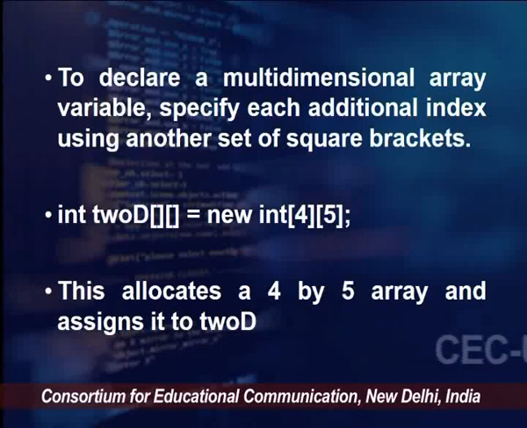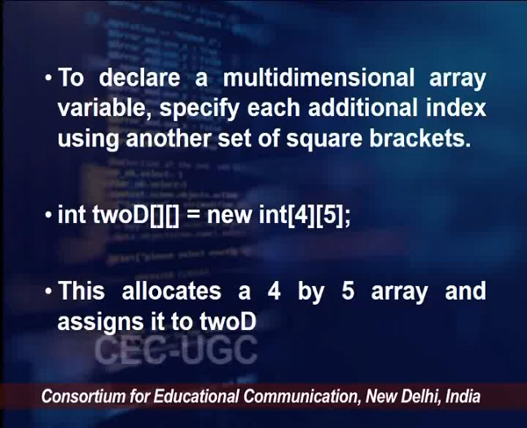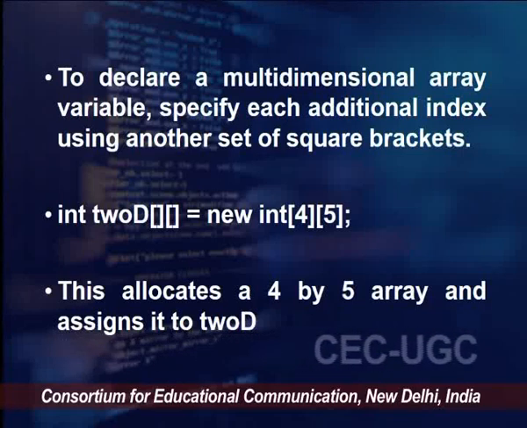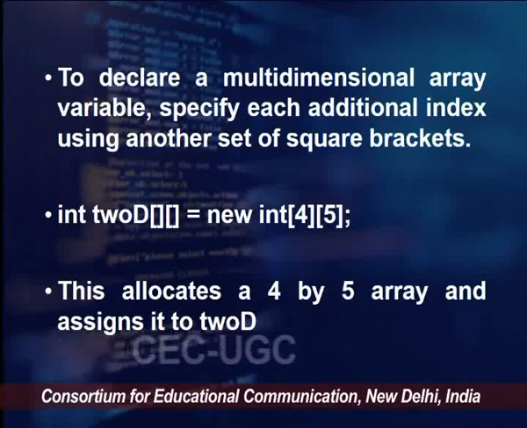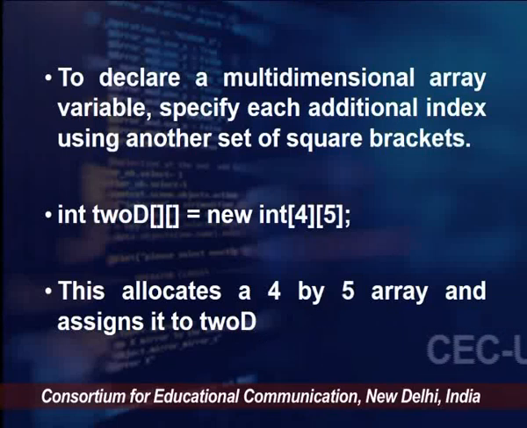These two sets of square brackets give you the idea that this is a multi-dimensional array in which the total number of dimensions is 2, equals new int 4, 5. Within the first bracket I have taken 4 and within the second bracket I have written 5. So this 4 by 5 is the size of that two-dimensional array.